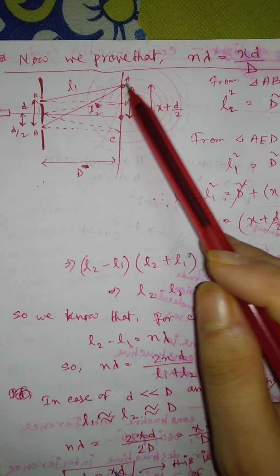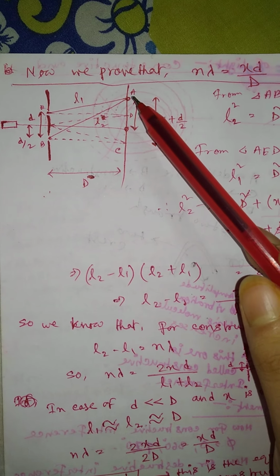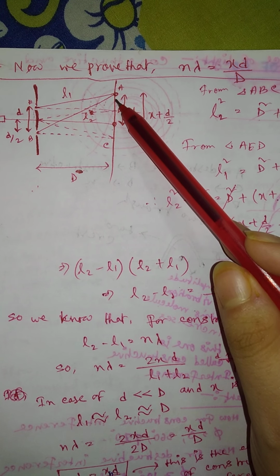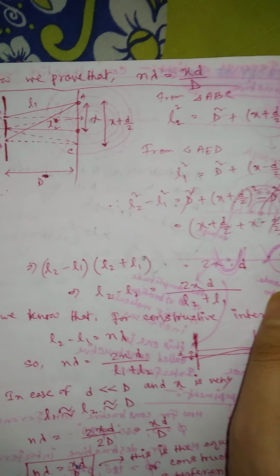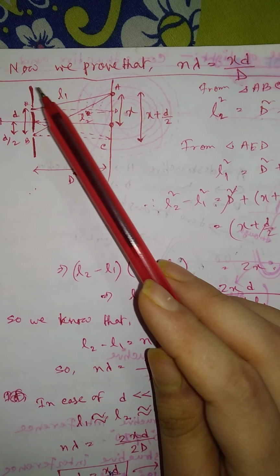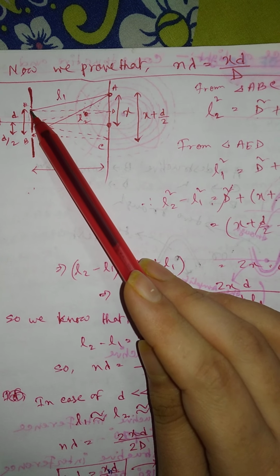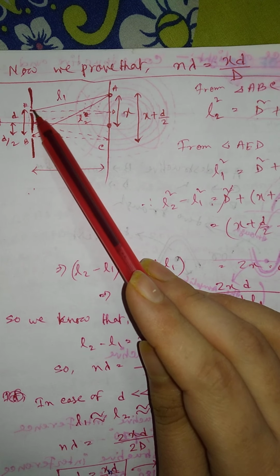That means we can also say, what is the condition to get a bright fringe at point P. Okay, so now just look at here. This is the light ray coming from A point, and this is the light ray coming from B point.